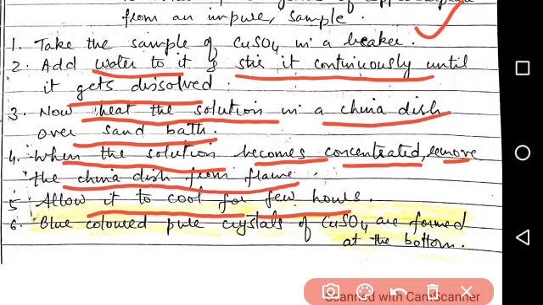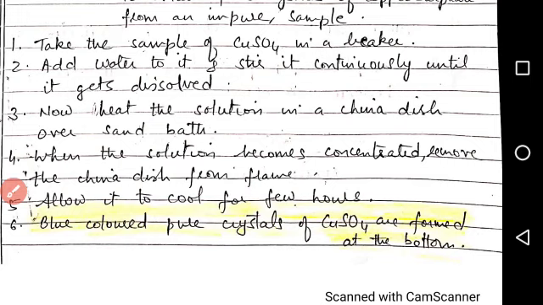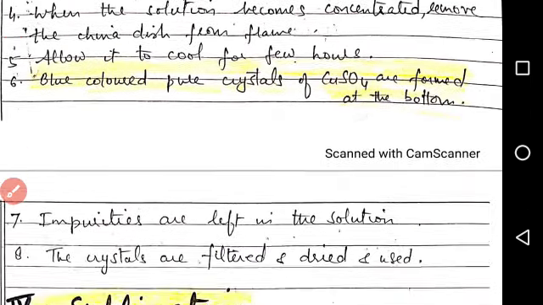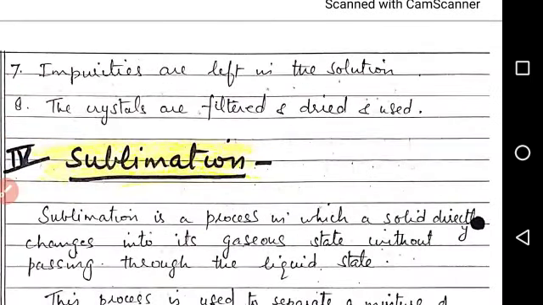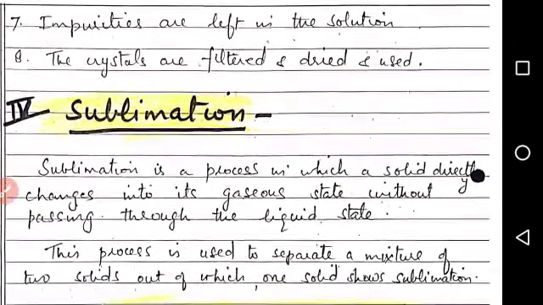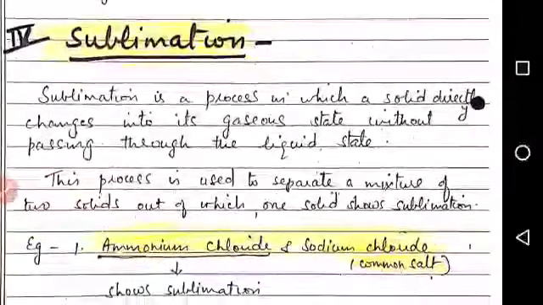Blue colored pure crystals of copper sulfate are formed at the bottom. So when the solution is cooled, copper sulfate crystallizes out and a pure sample is formed. Impurities are left in the solution. The crystals are filtered and dried and then used.